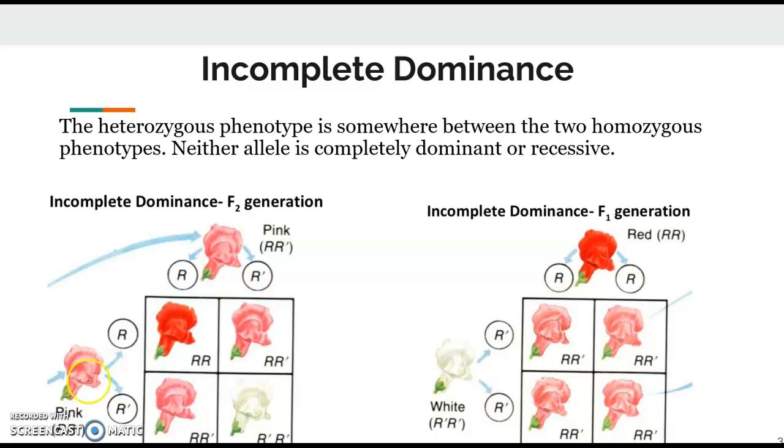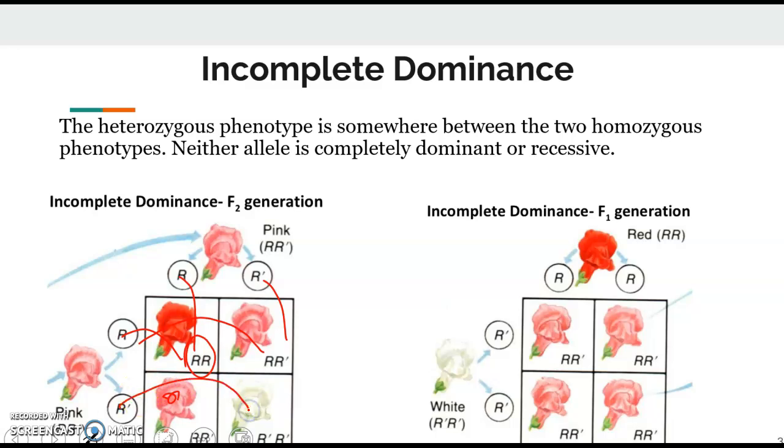All right. Of course, you might see other ways of representing this, but for me, this keeps it clear what is what. So if you had two pink flowers, right, and they were crossed with each other to produce offspring, you would end up with R from there, R from there. So that would be red. This R goes there, that one goes there. So that would be pink, and this one would be pink as well.